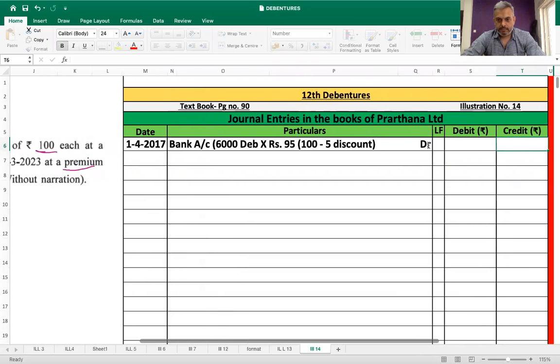Debit. So 6,000 into 95, 5,70,000, to debenture application and allotment account.